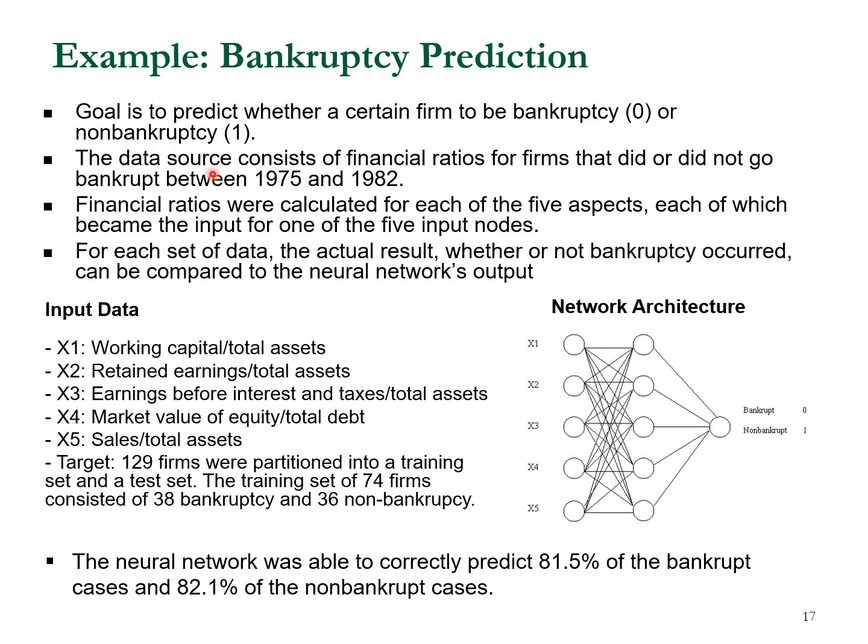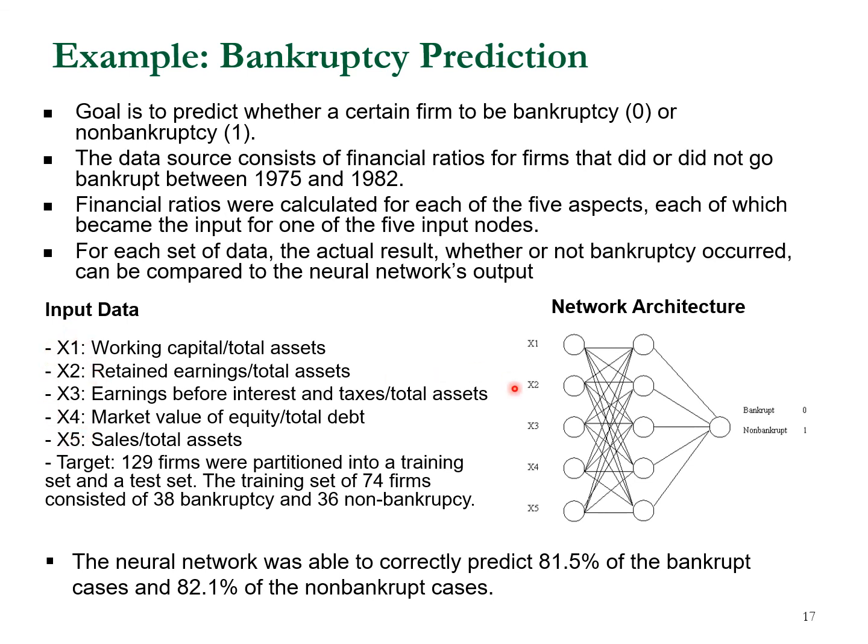The data was collected between 1975 and 1986, and 5 financial ratios were calculated for each firm, which become the input for the network. X1 is working capital over total assets. The second variable is retained earnings over total assets, etc. So these 5 are the input to the network.